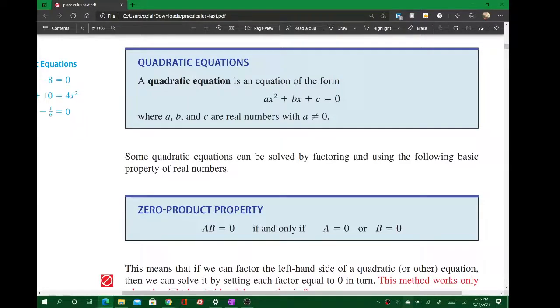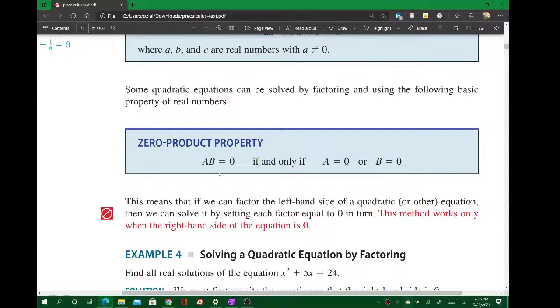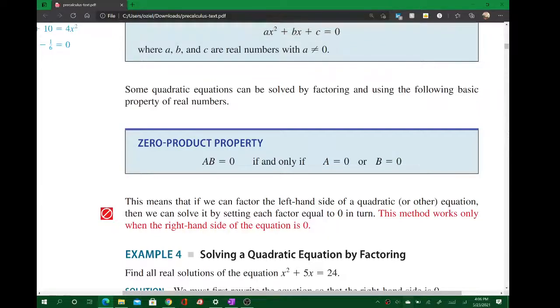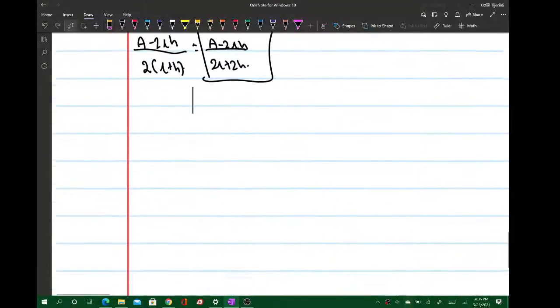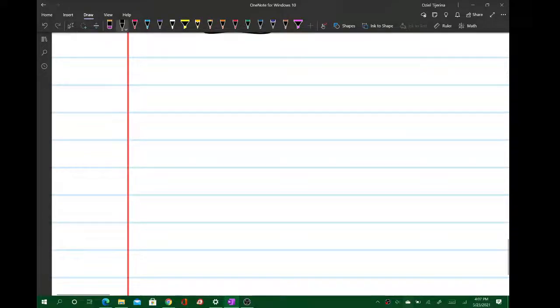And then it says some quadratic equations can be solved by factoring and using the following basic property of real numbers. So there's this part that says zero product property. Obviously, we learned about zero product property. So basically, ab equals 0 if and only if a equals 0 or b equals 0. So basically, if I say a equals 2, b equals 0, then that means that 2 times 0 equals 0, right?